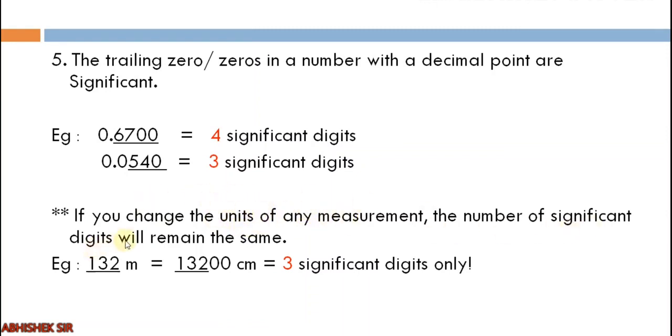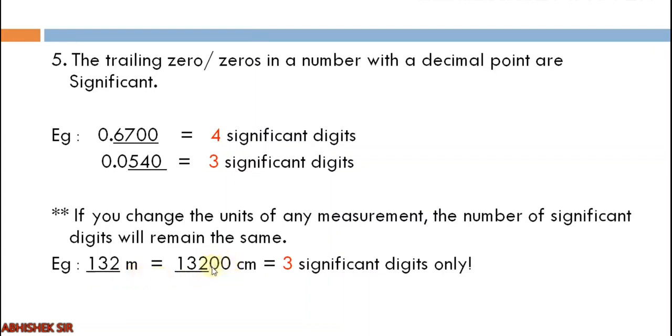the number of significant digits will remain the same. For example, there is a measurement of length, 132 meter, right? So how many significant? All the non-zeros, 1, 3 and 2, 3. But the same can be written as 13200 centimeter. So we are changing the unit from meter to centimeter.